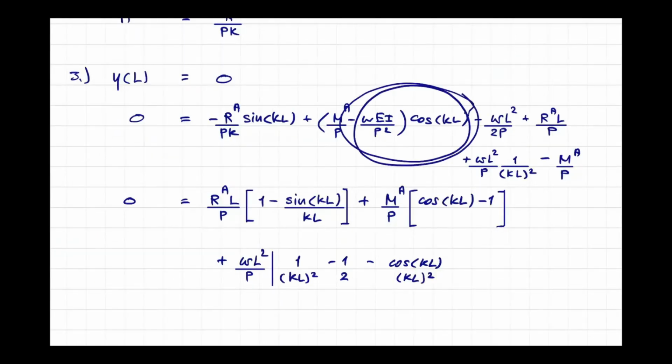From this here, WEI over P square is equal to WL square over P multiplied by 1 over KL square. So we push the 1 over KL square to the denominator of cosine KL. We extract that out, we common factor it out. That's what we end up with.